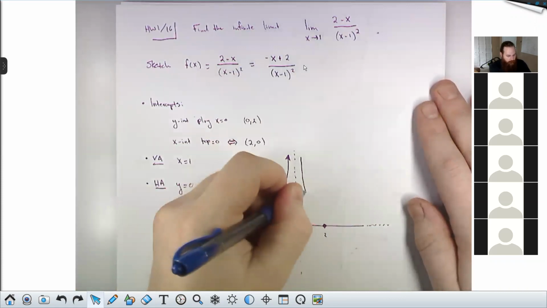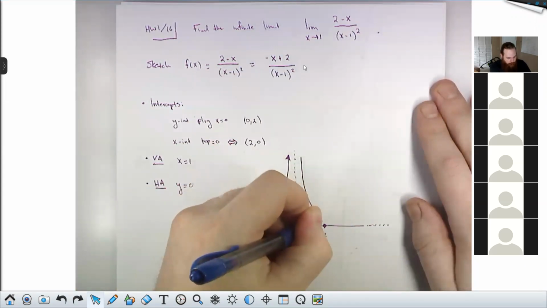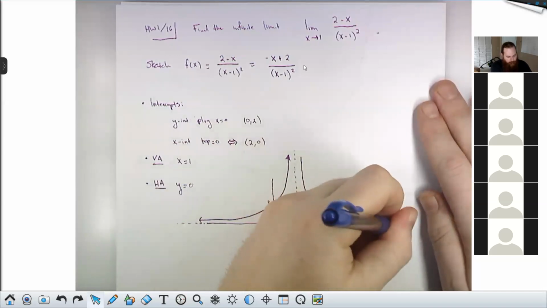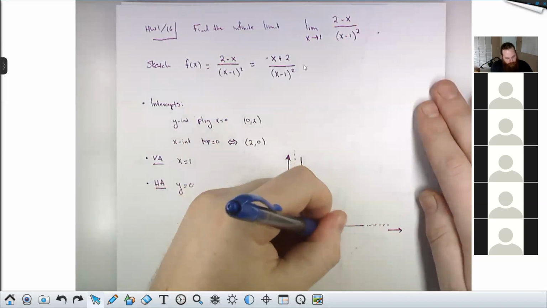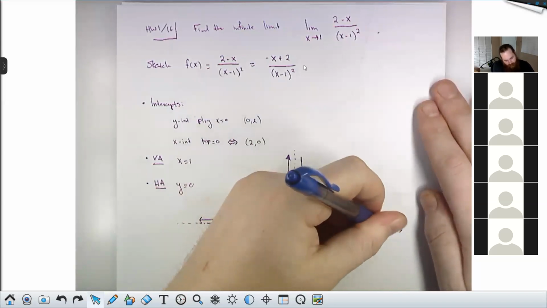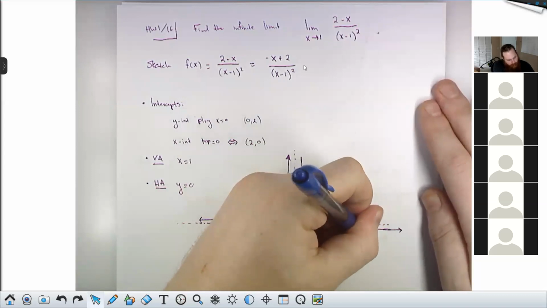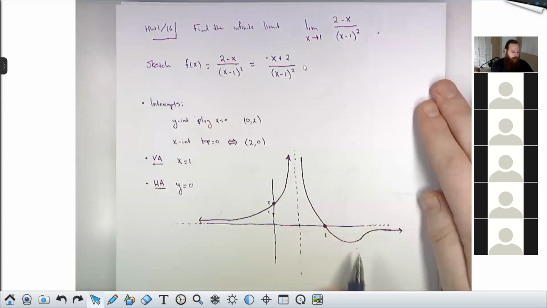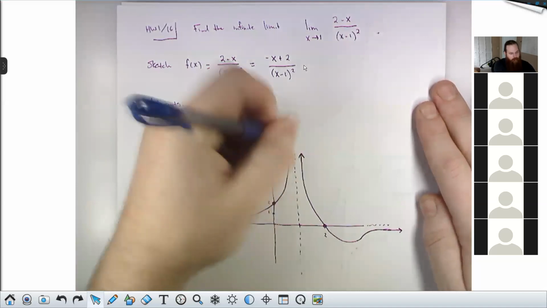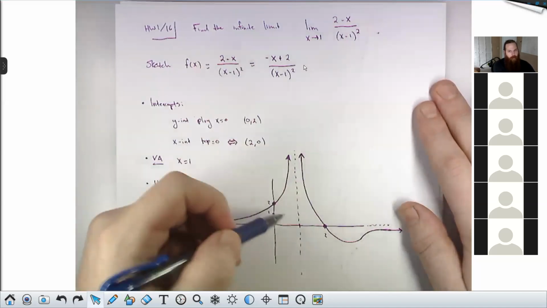But what's interesting is that we come down, we poke through here, but then we also have to come up to this horizontal asymptote. So we have to do something kind of interesting like that. Now, a little later in the course, I'll teach you how to find this min, this little inflection point where the curvature changed, all that stuff. But for us right now, we're just focused on the behavior here.